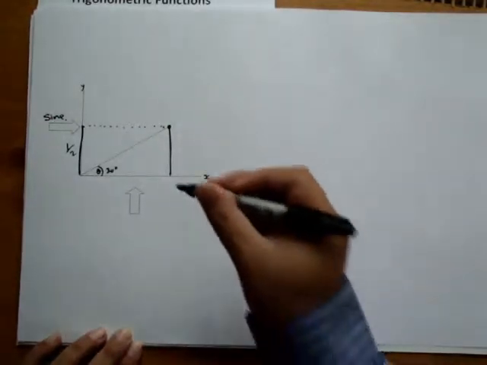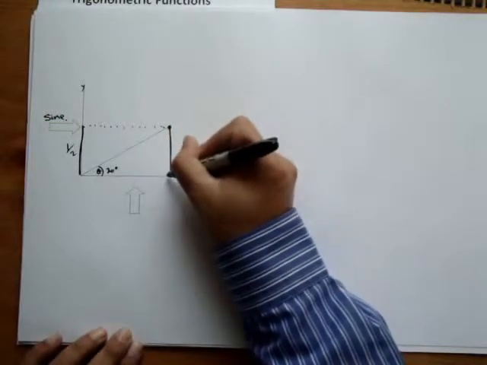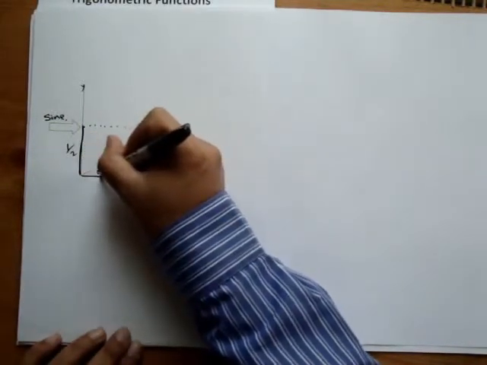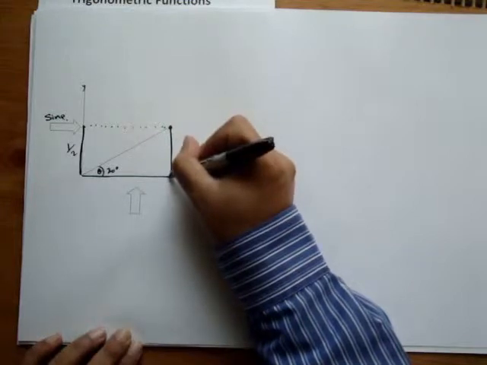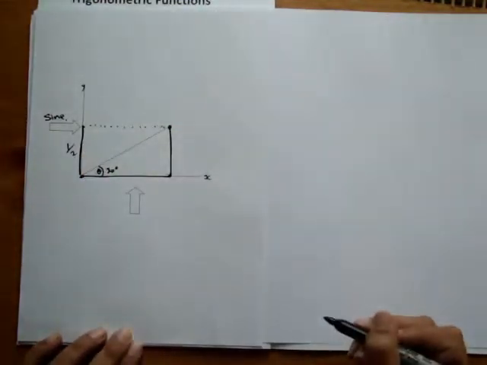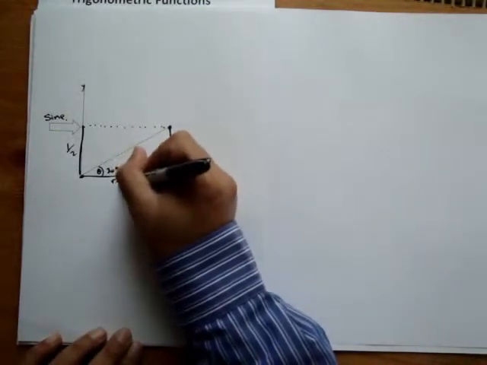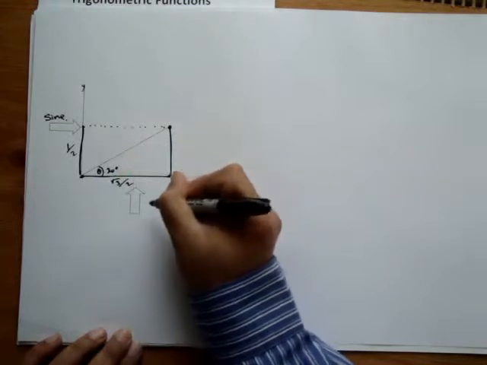For the cosine, we project down onto the x-axis, so this would be the cosine, and for 30 degrees this is the square root of 3 over 2.